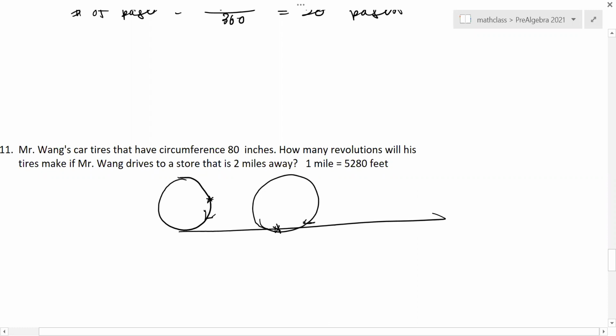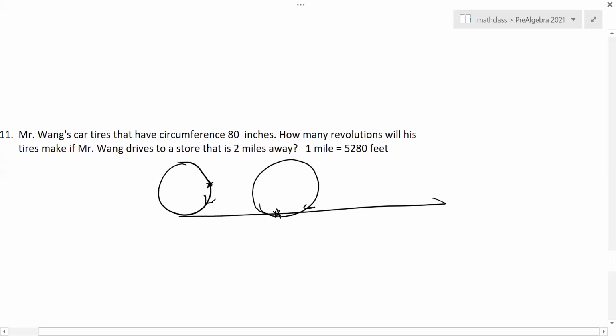It's rotating. How many revolutions will his tires make if Mr. Wang drives to a store that is about 2 miles away? That's just a division problem, right? So the distance: one revolution is equal to the circumference, 80 inches.